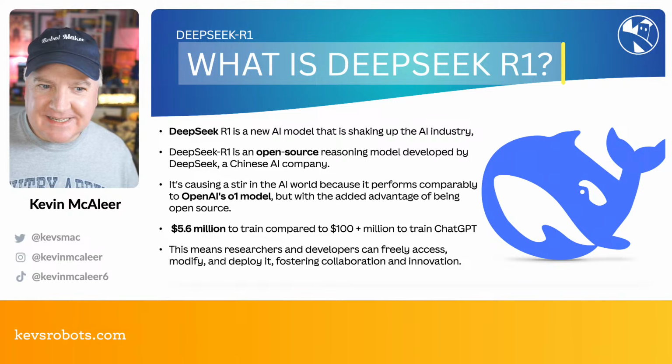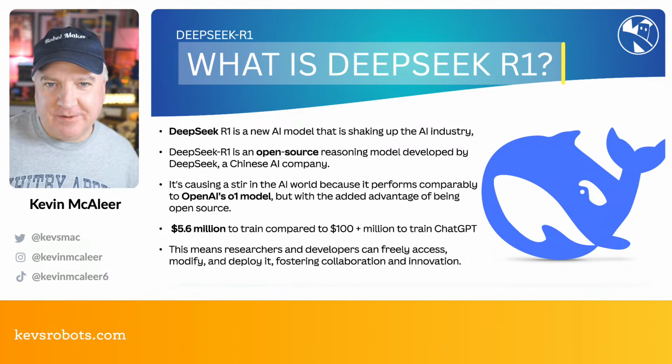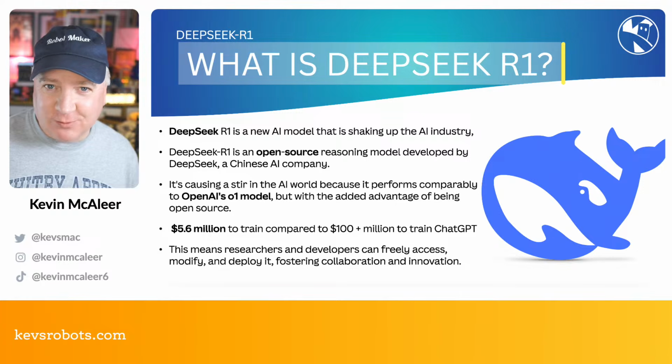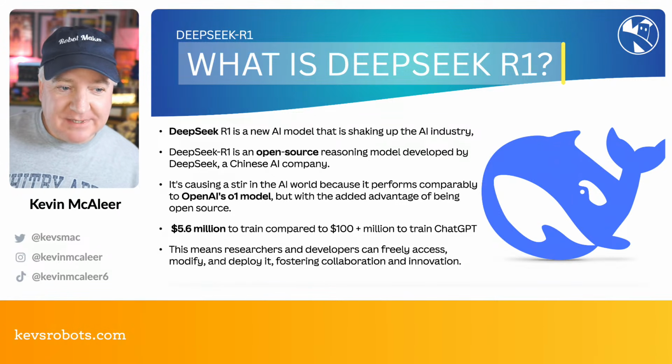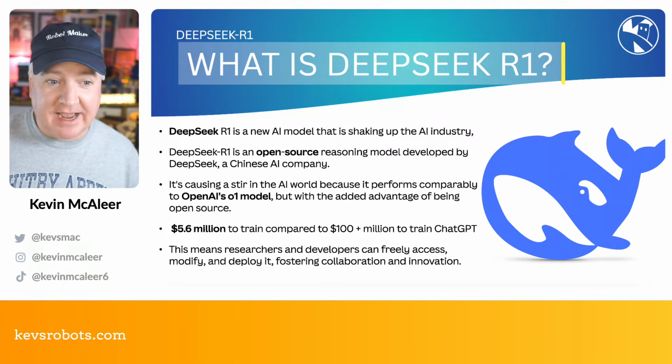So what is DeepSeek? You might have been hearing all about DeepSeek in the news in the past couple of days. DeepSeek is a new AI model, and it's really shaking up the AI industry. In fact, it's wiped out millions of, if not billions of dollars off OpenAI ChatGPT's owner's share price. DeepSeek R1 is the release of their open source reasoning model developed by DeepSeek, which is a Chinese AI company.